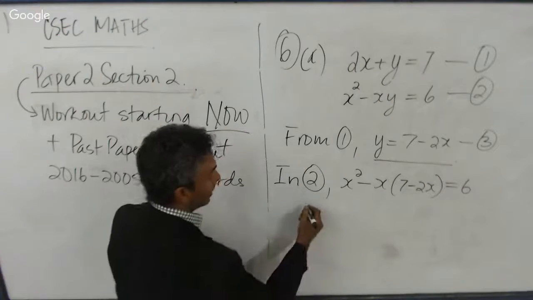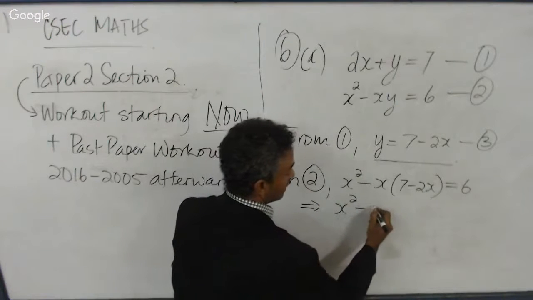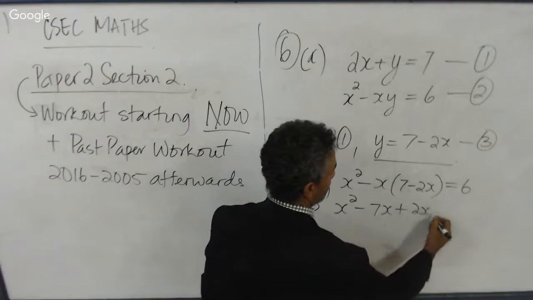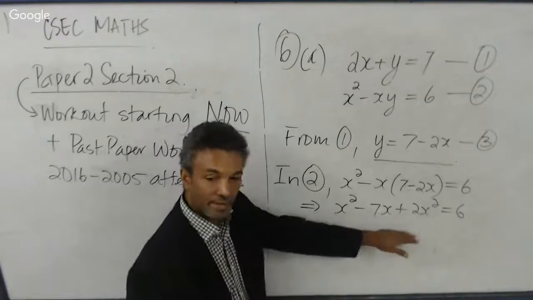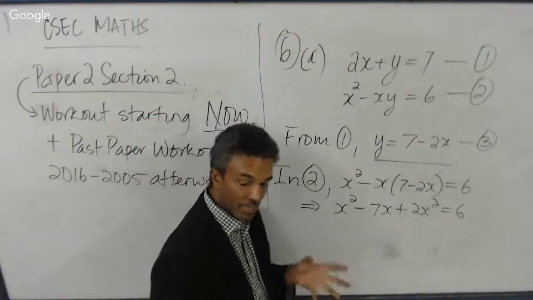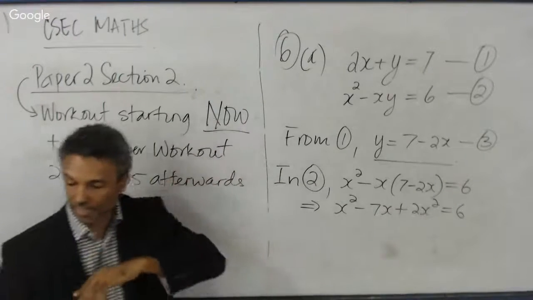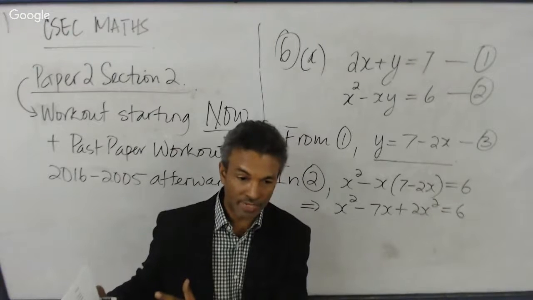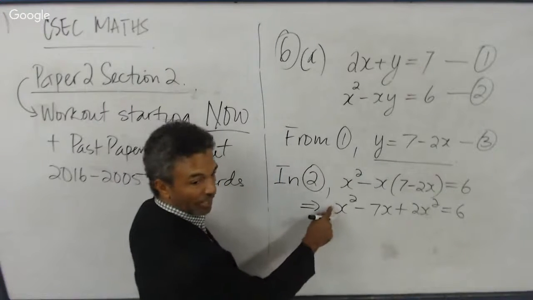So here, what we get is this, expanding carefully: x squared minus 7x plus 2x squared equals 6. Here, you have to respect that this is not a linear equation, this is now a quadratic. To solve a quadratic equation, you bring all the terms to one side equals 0. This, remember, is like a 1x squared.